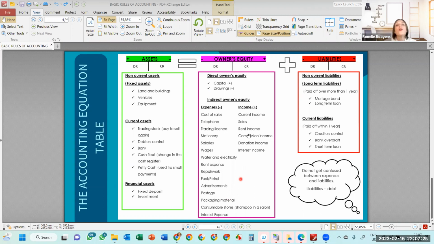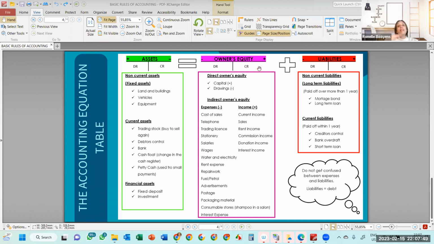All right, now the rule for owner's equity is as follows. Anything that decreases the owner's equity, we will record such a transaction on the debit side of that account to show that there's now less money due to the owner. There's a smaller interest of the owner in his own business.